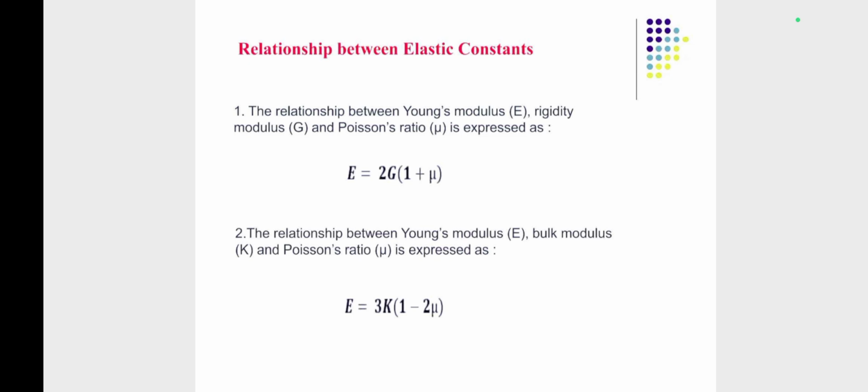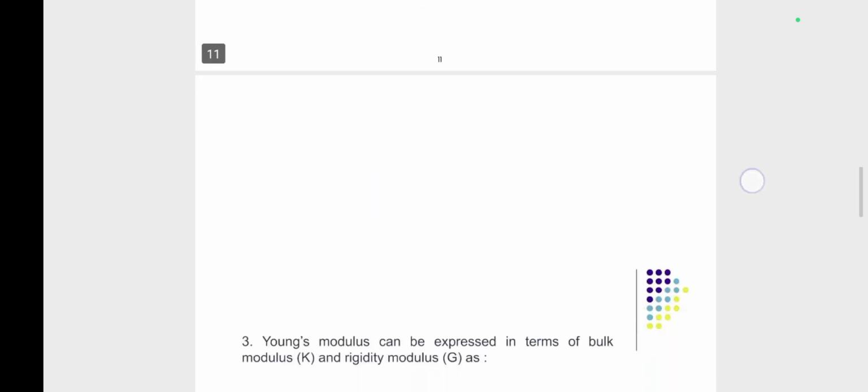So there is a relationship between Young's modulus, modulus of rigidity, and Poisson's ratio, and it can be expressed as capital E, that is Young's modulus of elasticity, is equal to 2 times modulus of rigidity into bracket 1 plus Poisson's ratio. Similarly, the relationship between Young's modulus, bulk modulus, and Poisson's ratio can be expressed as Young's modulus E is equal to 3 times K, that is bulk modulus, into 1 minus 2 times Poisson's ratio.